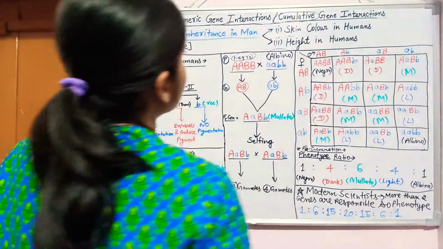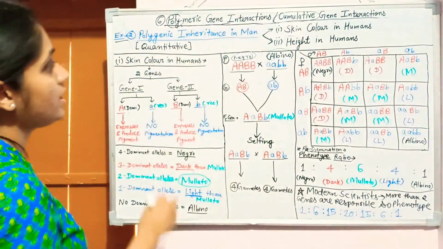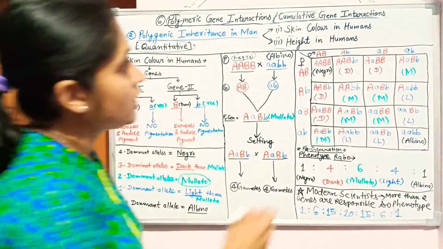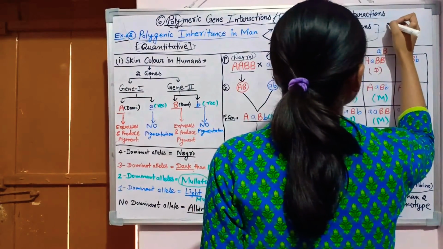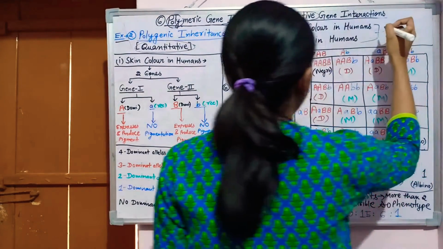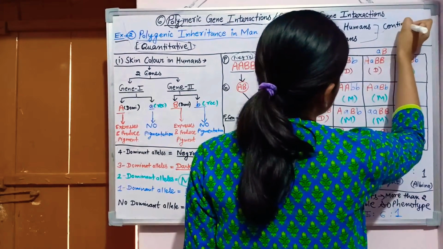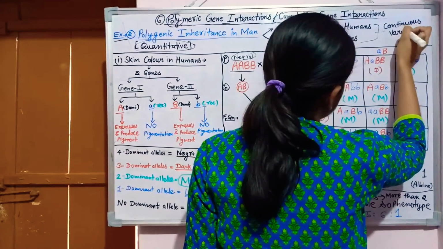Polygenic inheritance in man is known as quantitative.